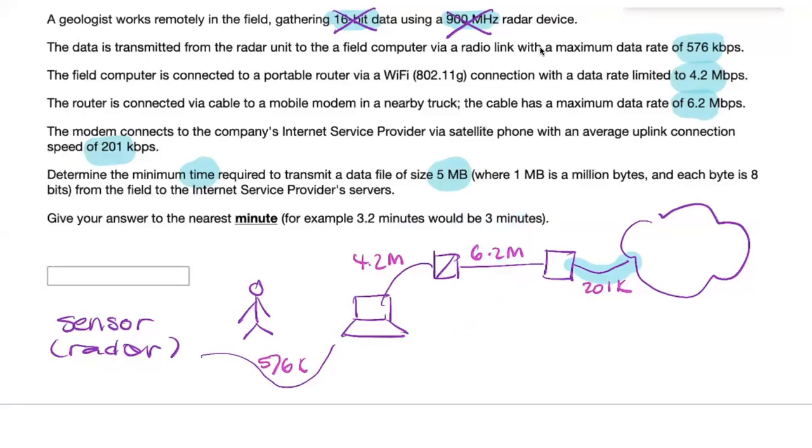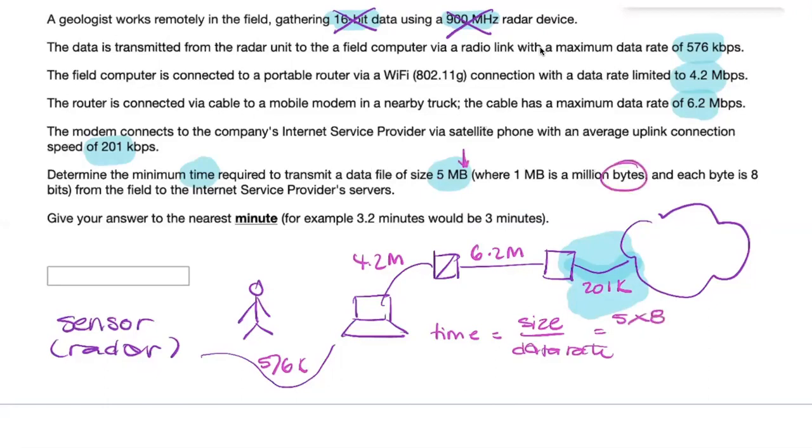So what matters is this, okay? We're interested in the 201 kilobit per second. And we're told the size of the file, it's 5 megabytes, and we're asked for the time, okay? So your time is equal to the size of the file divided by the data rate. So the size of the file is 5, and because we have this capital B, we're using bytes.